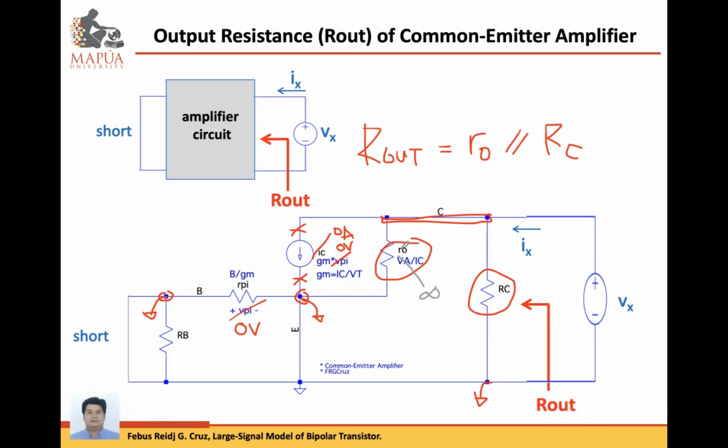So RO will also be equal to infinity. So that makes the output resistance open circuit. So when this is open circuit, then Rout, if we neglect the early effect, Rout will just be equal to the collector bias resistor RC. All right. Nasundan ba? Please confirm. Nasundan po. All right. Thank you.